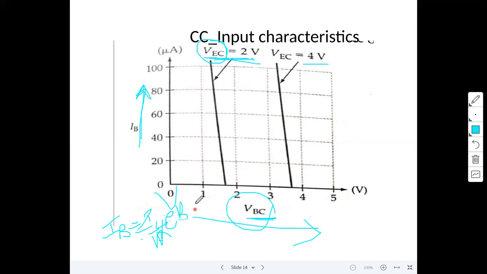The normal general expression is VBE by VT. Now here instead of VBE, what is the input voltage? VBC. VBC by VT. So as VEC changes, VBC also changes. Like that we get different curves, almost like vertical lines. Okay, that is about input characteristics.